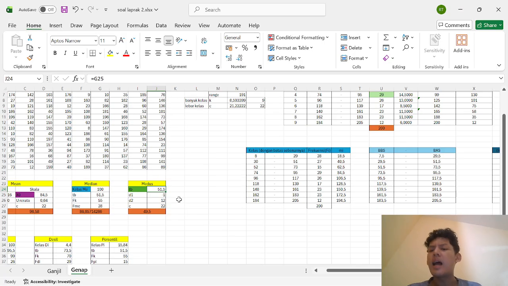After that, we use the mode formula: the lower boundary of the modal class plus the difference between the modal frequency and the previous frequency, over the difference between the modal frequency and the next frequency. After substituting our values into the formula, we get the mode.